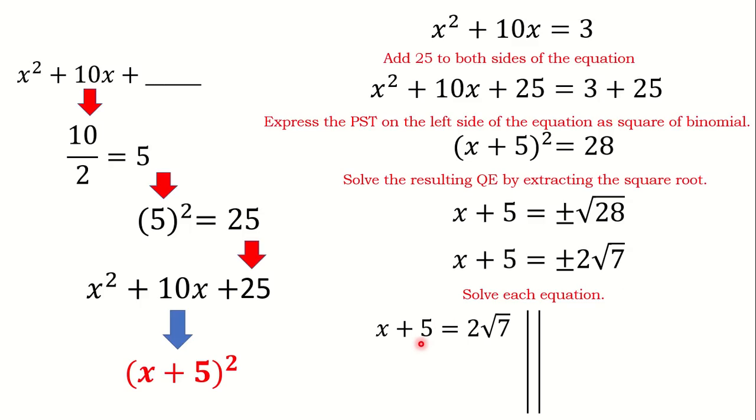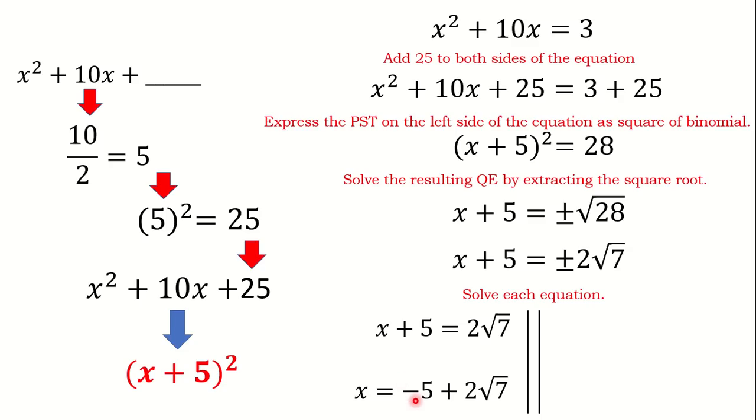So, first, x plus 5 is equal to 2 square root of 7. So, anong gagawin lang natin? Lipat lang natin si 5 sa right side. So, magiging x is equal to negative 5 plus 2 square root of 7. And this is now the final answer.